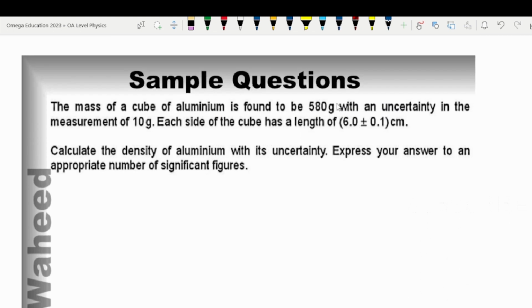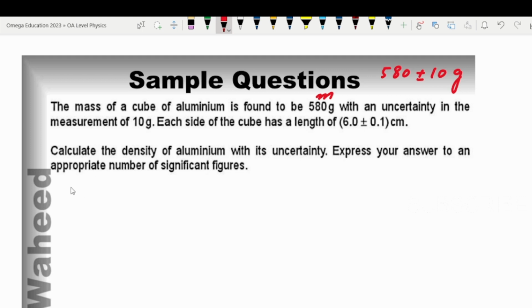The mass is given with an uncertainty in the measurement of 10 grams. So the value of mass would be 580 plus minus 10 grams. And the length of the cube is 6, with an uncertainty of plus minus 0.1 centimeter. We need to find the density of the aluminum.